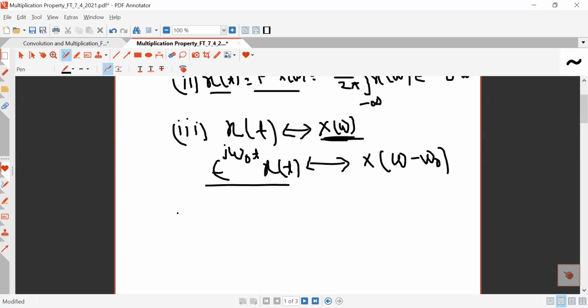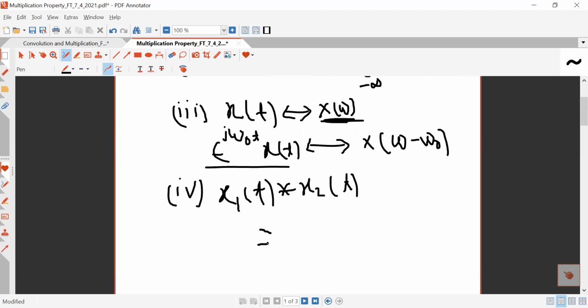And the fourth thing which you will have to remember is the convolution. x1t convolution x2t, which I have discussed in the previous lecture in unit 2 of your course, will be equal to the integral from minus infinity to plus infinity of x1 tau and x2 t minus tau d tau.